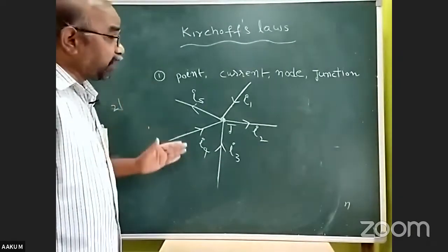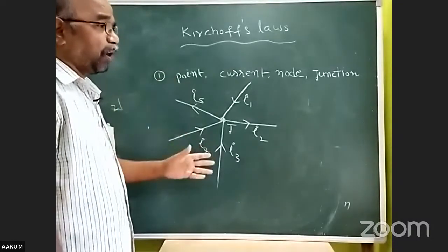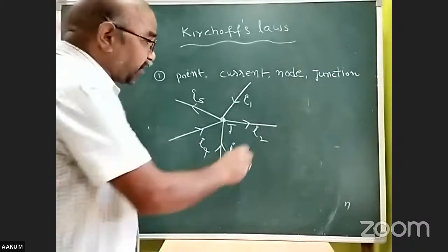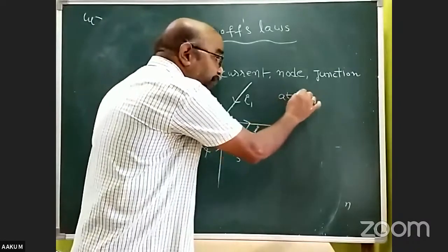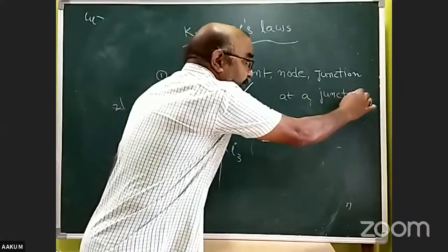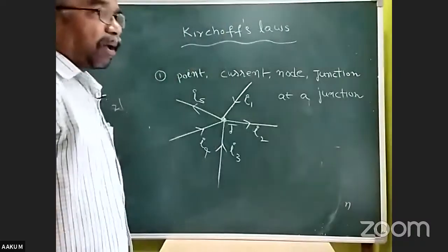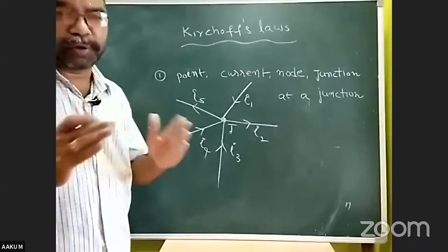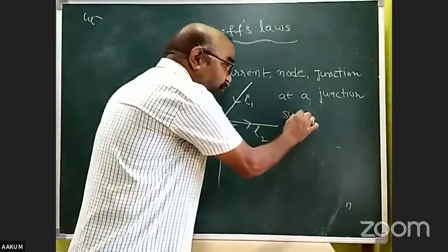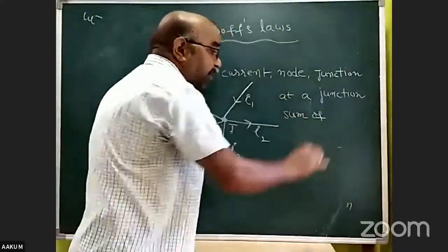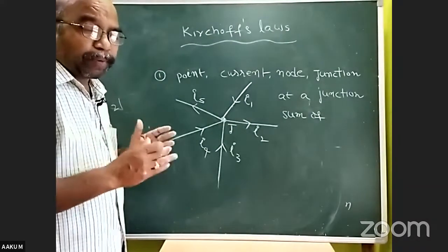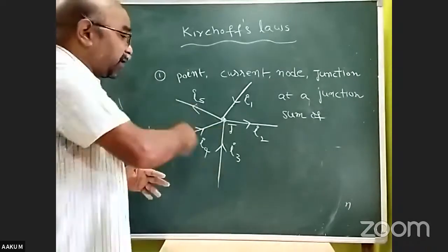Junction law, point law, Kirchhoff current law, node law, whatever it may be, it tells that at a junction, the algebraic sum of electrical currents is 0.